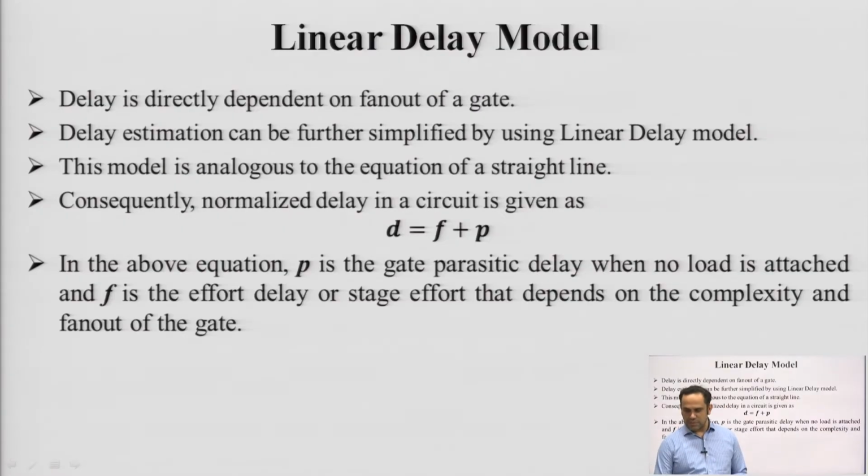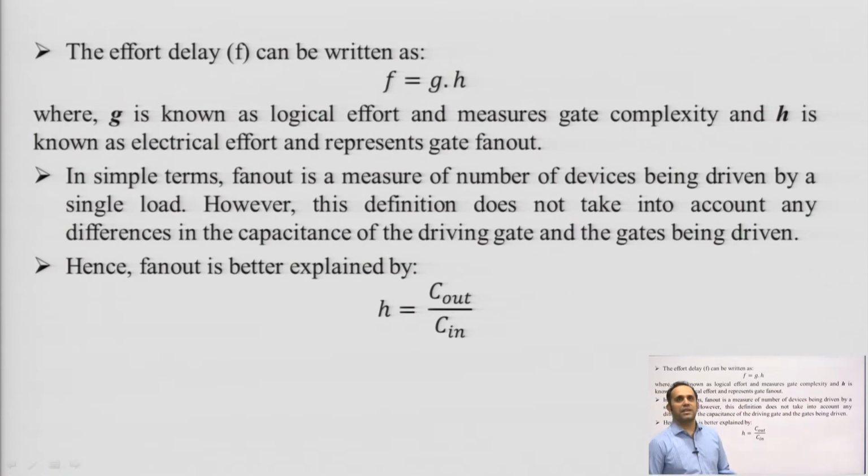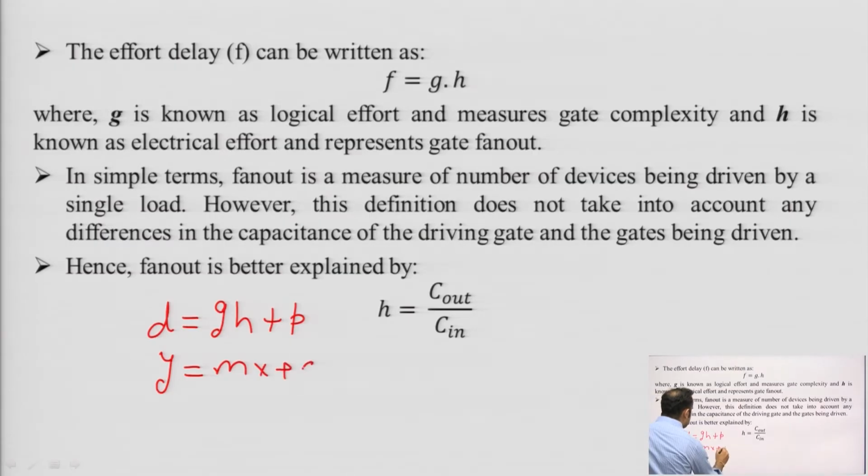So, if I use the equation on the previous slide, D = F + P, and the equation of F which is equal to GH, I can write that the normalized delay D = GH + P. If you compare it with the equation of a straight line, which is y = mx + c, y is the dependent variable, x is your independent variable on the coordinate system, m represents the slope of the graph, and c is the intercept on the y axis.